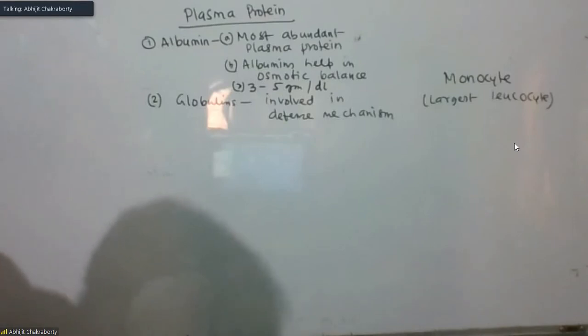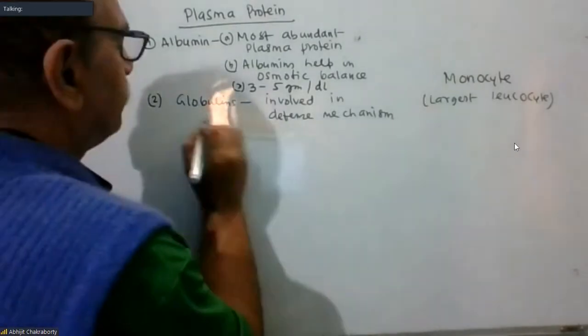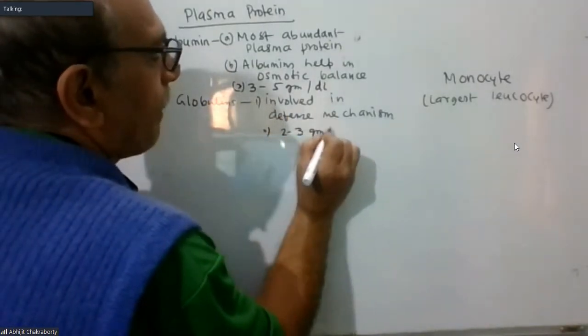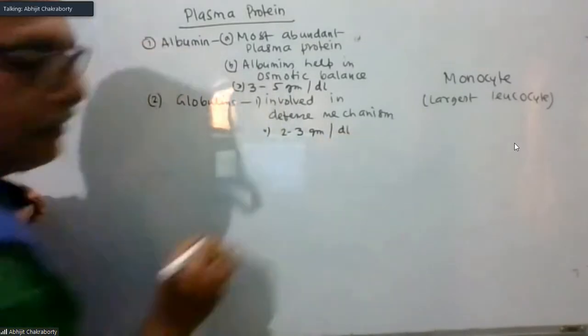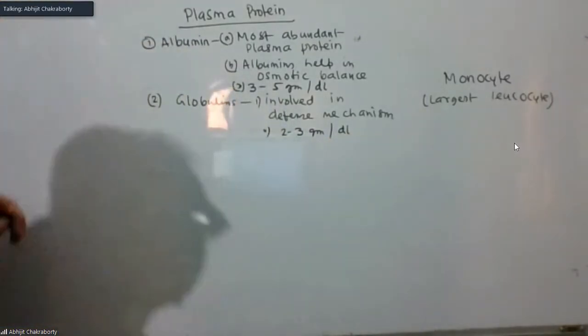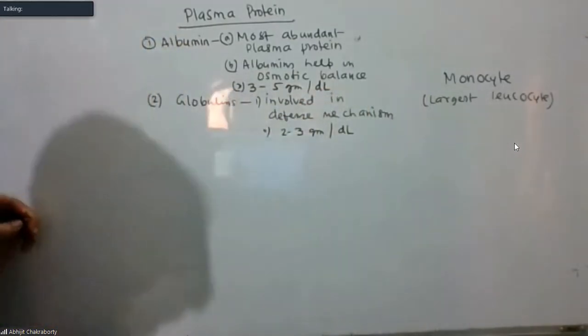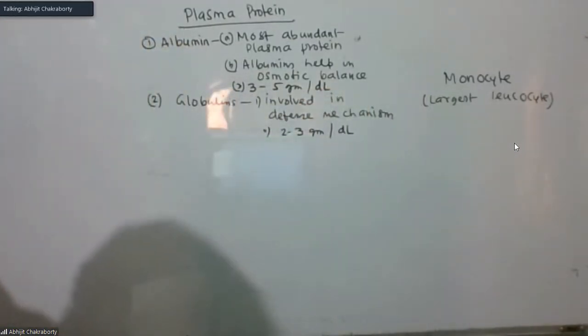And globulin 2 to 3 gram per deciliter. You have to remember this thing.